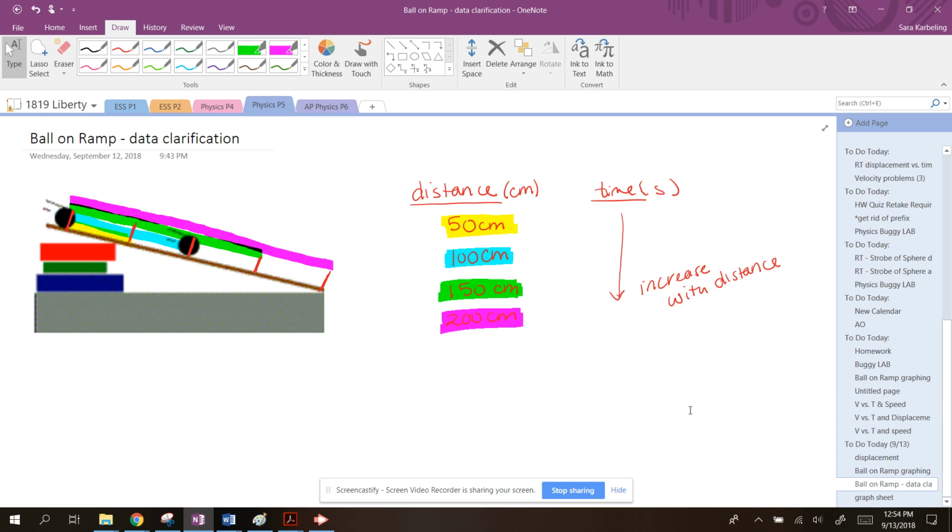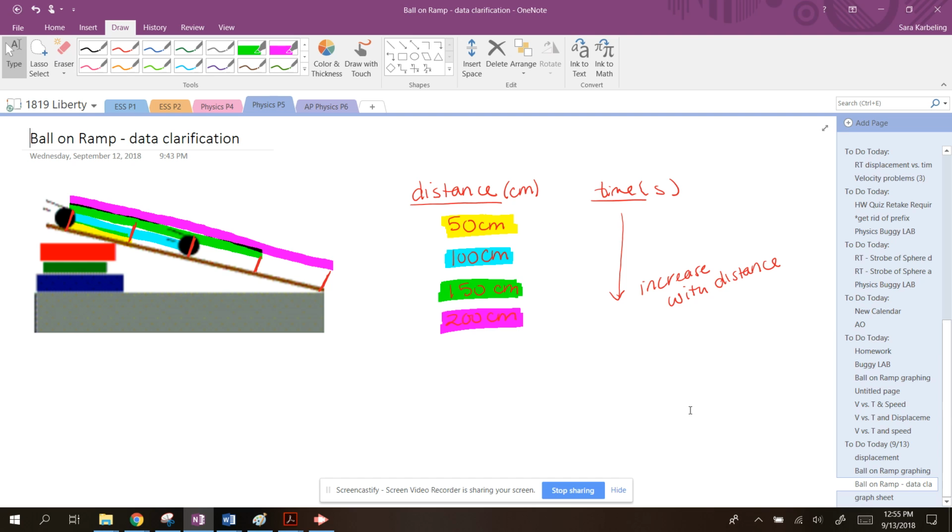It really doesn't matter. When you're graphing your data, the distance from where you released the ball to the first mark, we're going to call that 50. It traveled 50 centimeters.